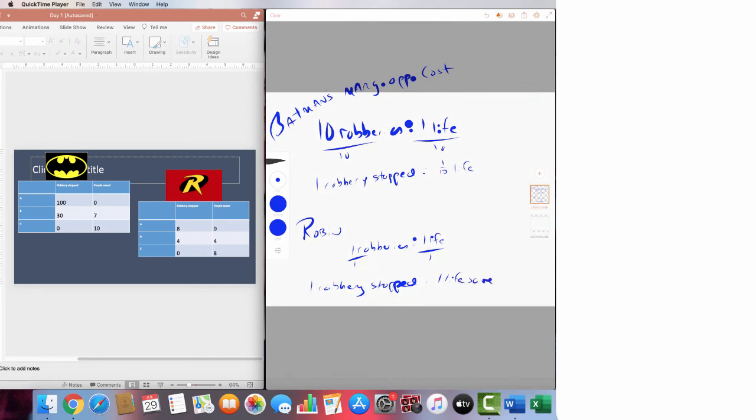Well, look at those numbers. Batman can stop a robbery more cheaply. It only costs him 1/10 of a life. It costs Robin one full life. So if Robin stops robberies, it's more expensive. If Batman does it, it's cheaper. So Batman has a comparative advantage.